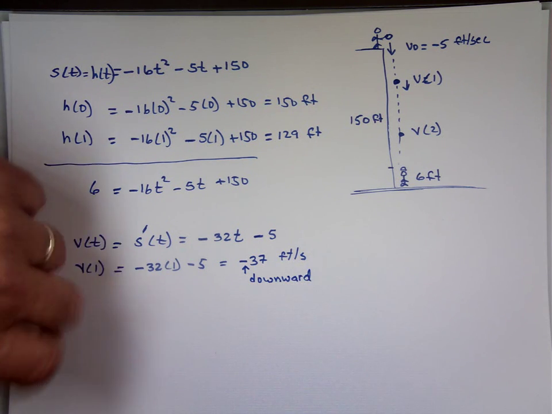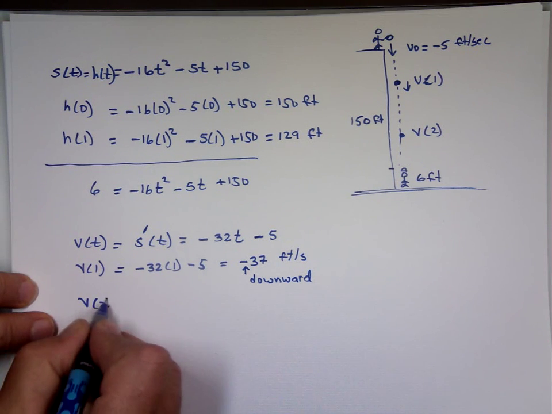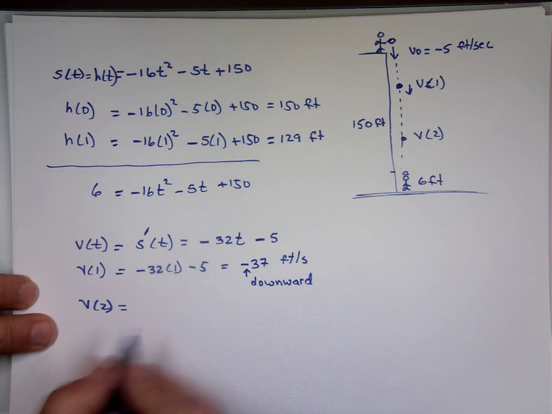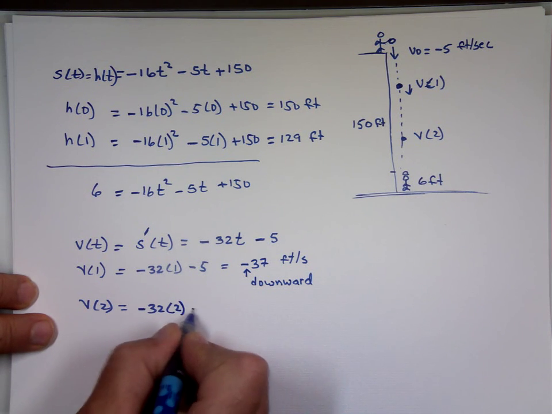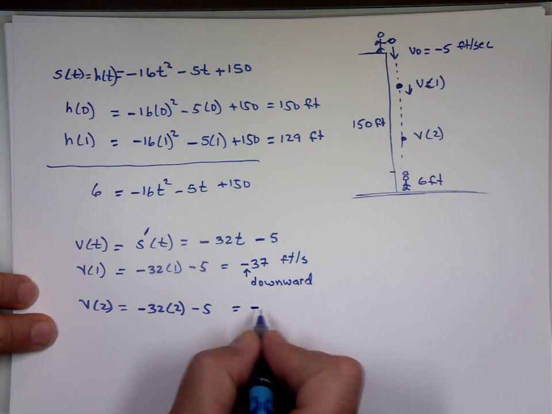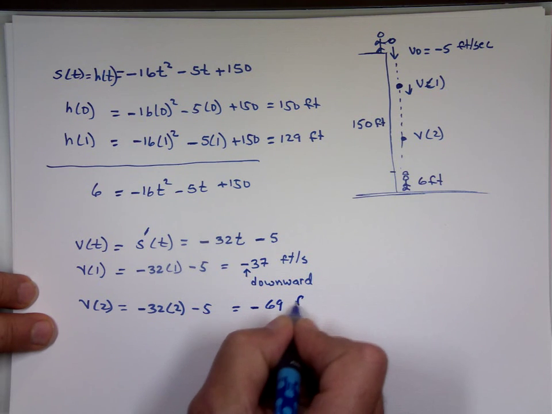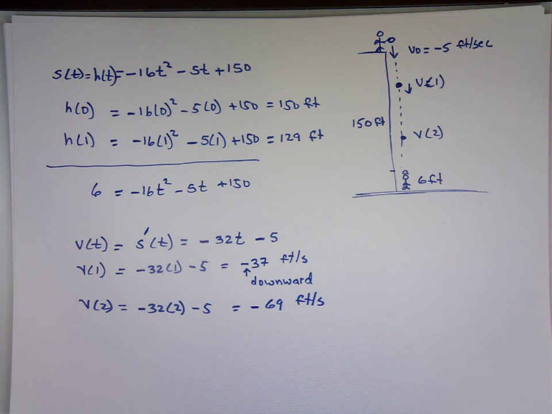What's the velocity after 2 seconds? If you neglect the wind, the friction, that's -32 times 2 minus the 5. Now we start to pick up speed, which is what? 64, 69? So we can tell you the velocity of that water balloon or that object at any given time during that flight there.